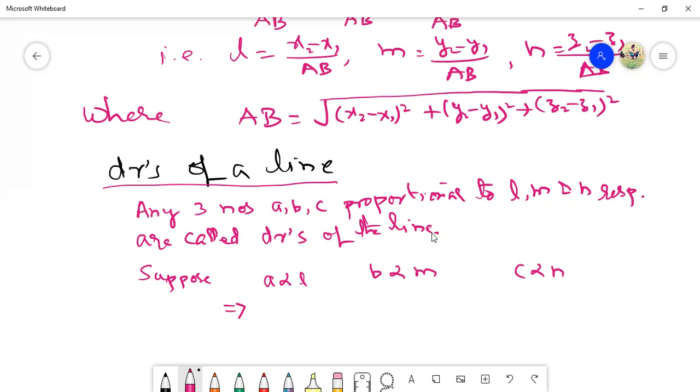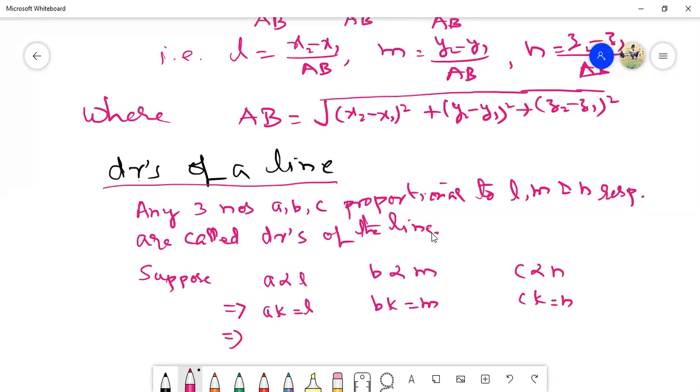So L upon A is K, because AK is equal to L, BK is equal to M and CK is equal to N.